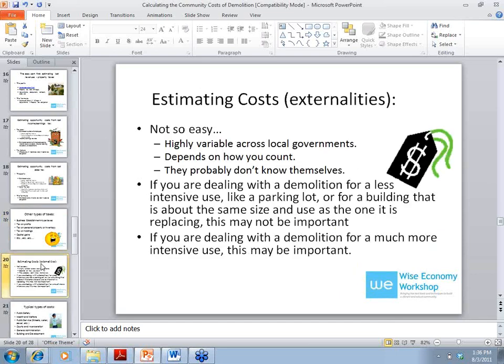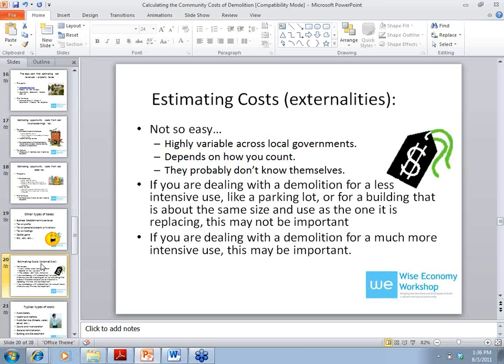When we're estimating the externalities, the costs that a development or preservation decision can make on the local community, this is going to be a little less persuasive in those cases because we're talking about a fairly small portion of the existing jurisdiction. It's also a lot harder to estimate costs. So if you've only got the ability to do one side of the equation, I'd focus on the revenues.